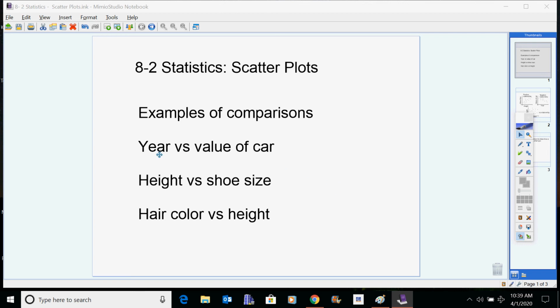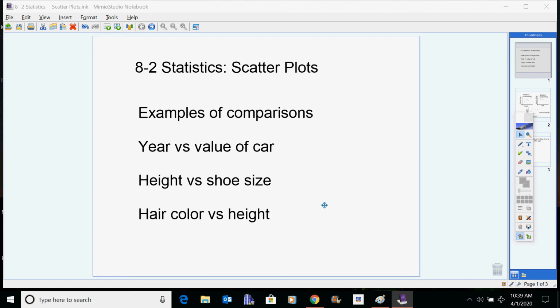So for example, if you think about what year it is and compare that to the value of your car, you might buy that car and it might be worth a whole lot of money, and then every year it gets to be worth less and less and less. You would say that that would have a negative relationship.